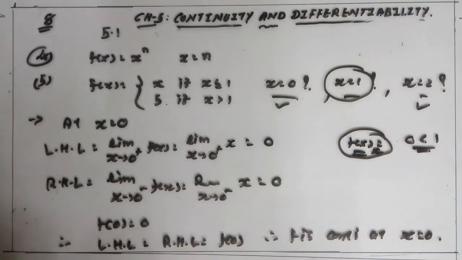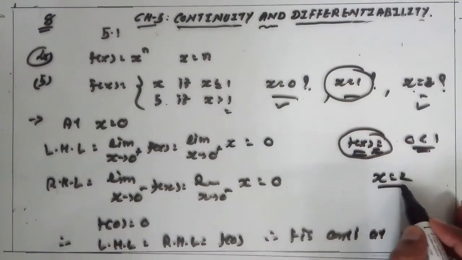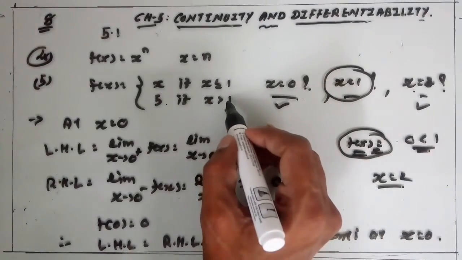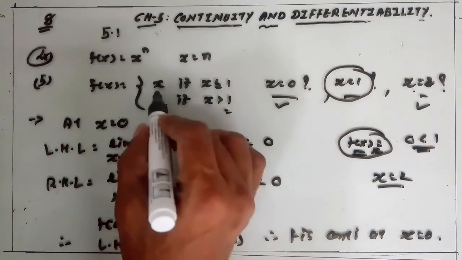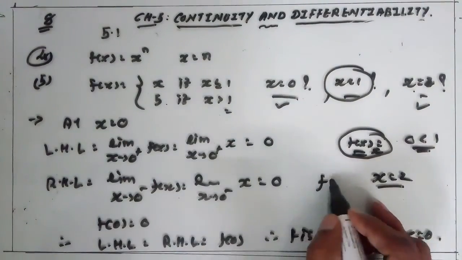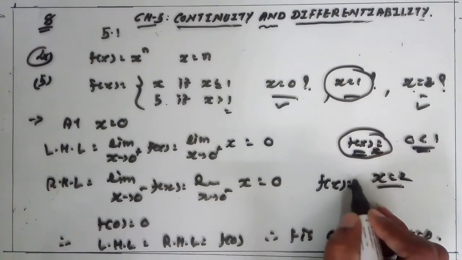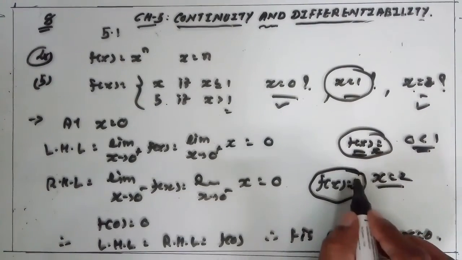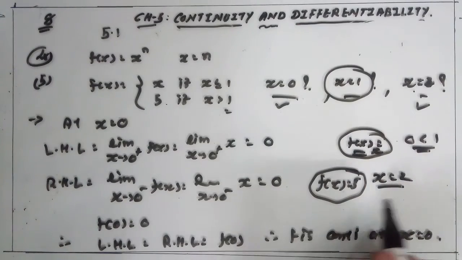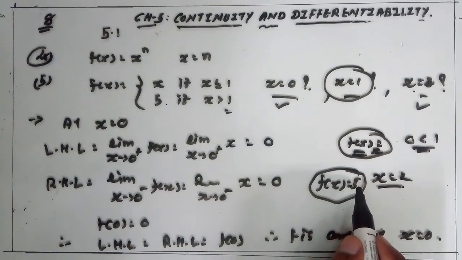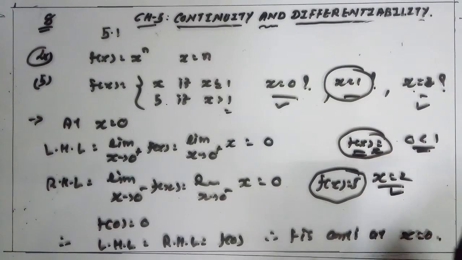Clear? Now for x is equal to 2, 2 is greater than 1, so we select the function f(x) is equal to 5. Clear? And we discuss continuity for f(x) is equal to 5 at x is equal to 2.